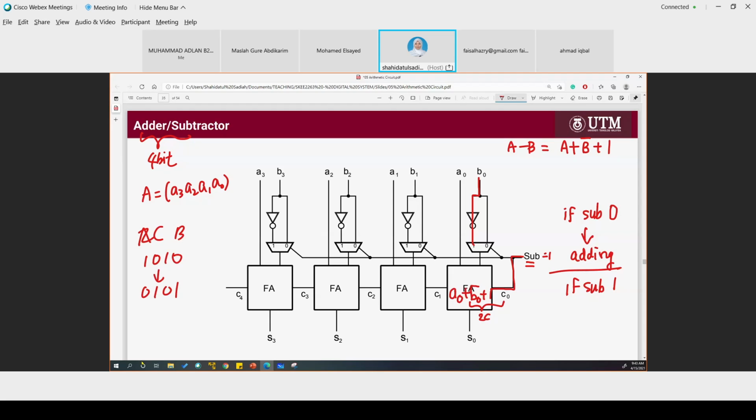You only add it at the LSB. So only the LSB needs to be plus 1. Okay, if we add 1 plus 1, then we will have a carry, and that carry will go to the next bit, isn't it?